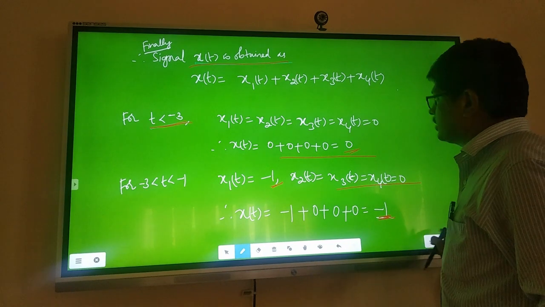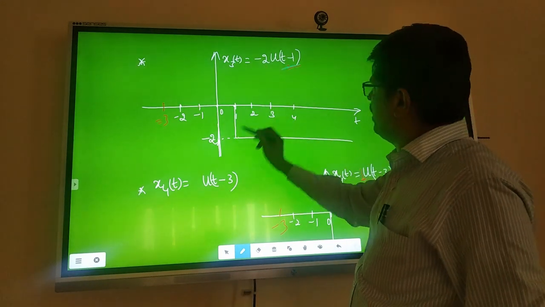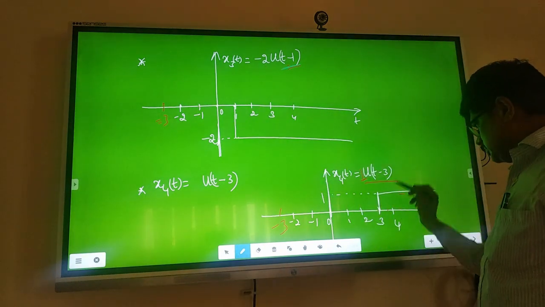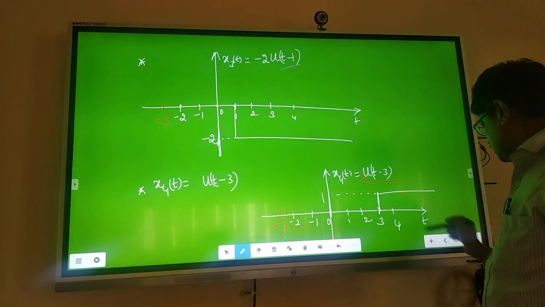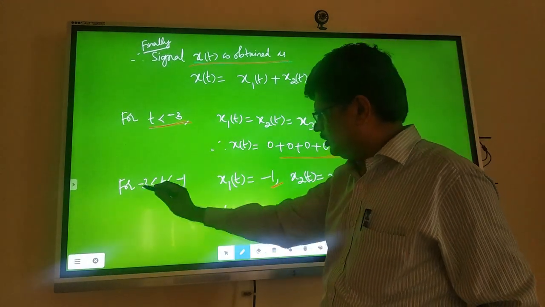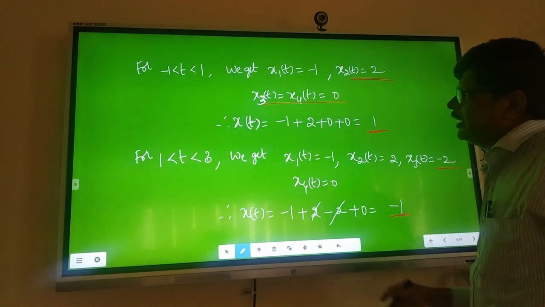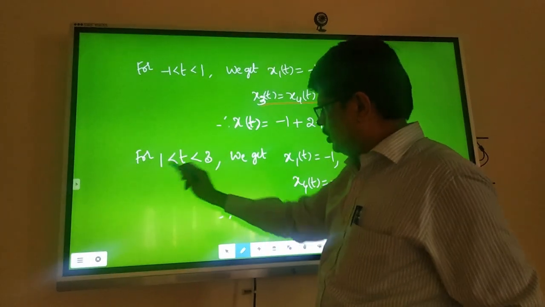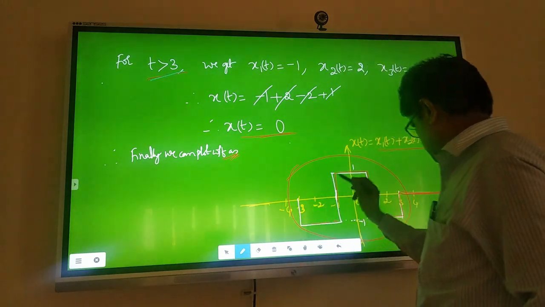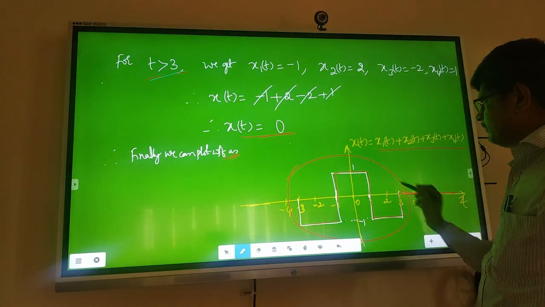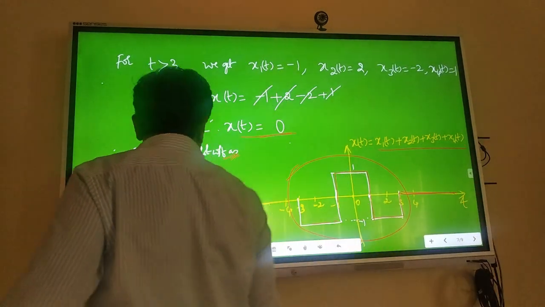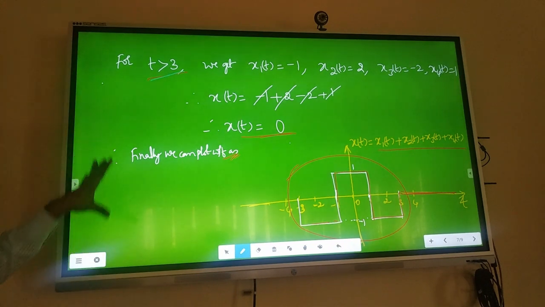Lastly x3(t) has an amplitude of minus 2 and is delayed by 1 second, and x4(t) is delayed by 3 seconds with an amplitude of 1. Then finally write the mathematical expressions: t less than minus 3, what; minus 3 to minus 1, what; minus 1 to 1, what; then 1 to 3, what; then finally t greater than 3, what. Then draw at the same time. This is how you get the final expressions and the final output sketch using all these operations.